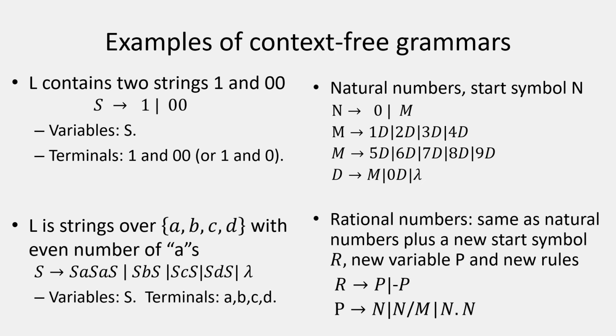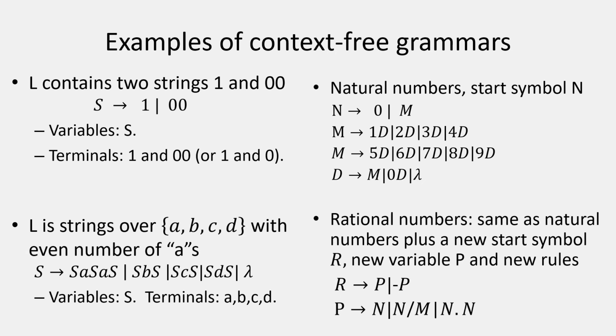And M just tells you it's a digit between 1 and 9, followed by a string of digits that may be empty and may include zeros in as many places as you like, because it goes back to D. So try to play with it by trying to derive some natural numbers using those rules.